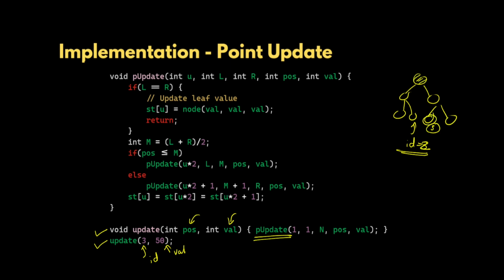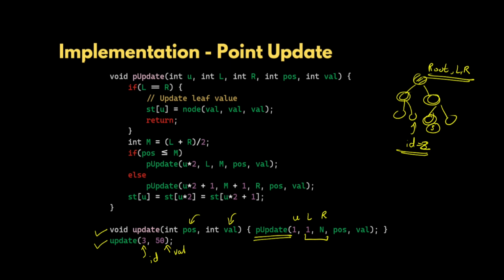To find out which node we want to update, we must know which node we are currently at and what are the ranges for which the values are present in that node. So we start with 1 to n, the root node, which is node 1. Then we recursively check the left and right node of a particular node, starting with the root.